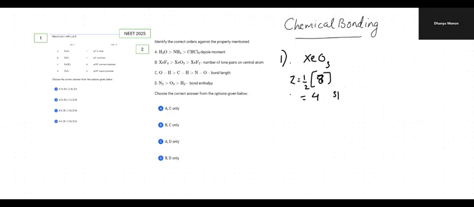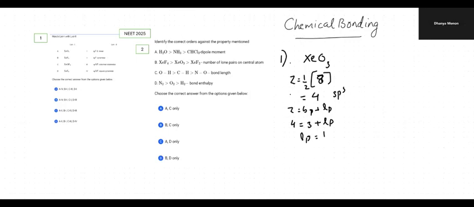And number of lone pairs, Z is equal to bond pair plus lone pair. We have been doing this formula a lot of times. So 4 is equal to bond pair. How many bonds are there? 3 bonds are there plus lone pair. So there is 1 lone pair for XeO3.